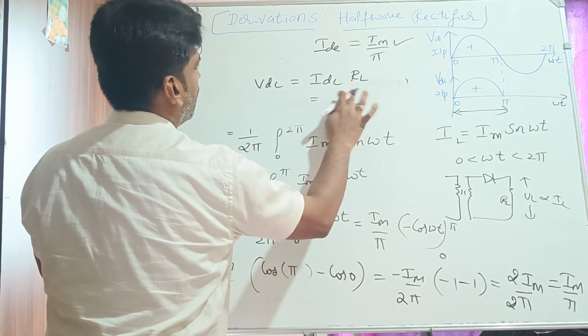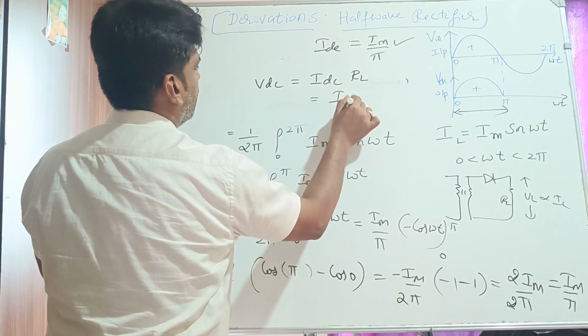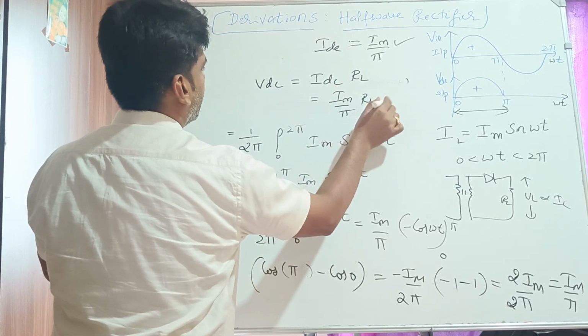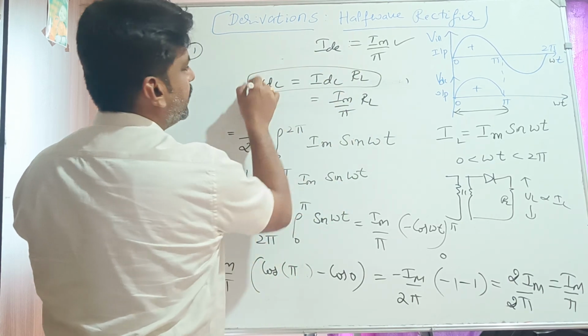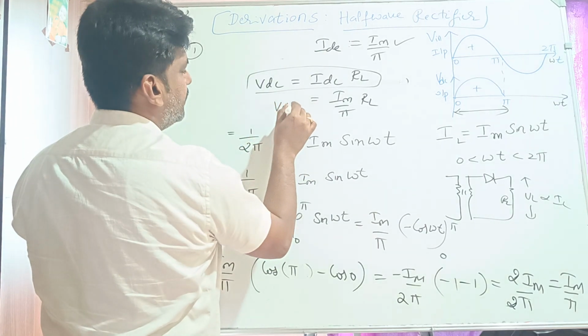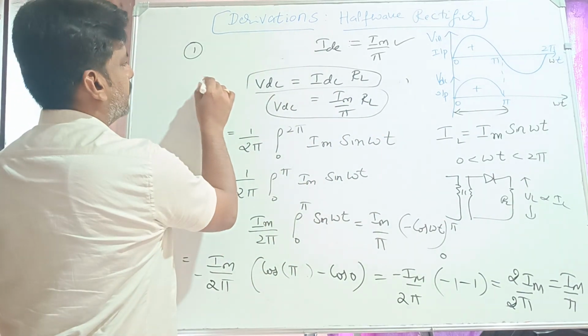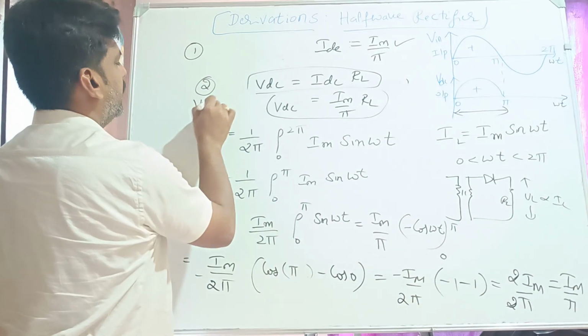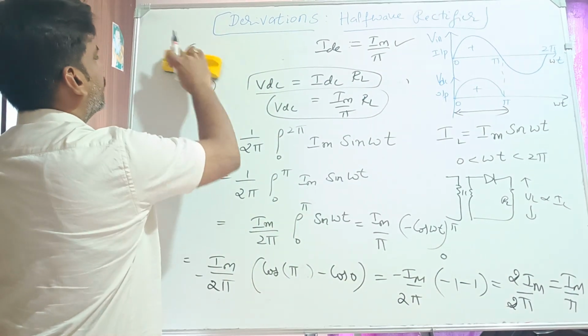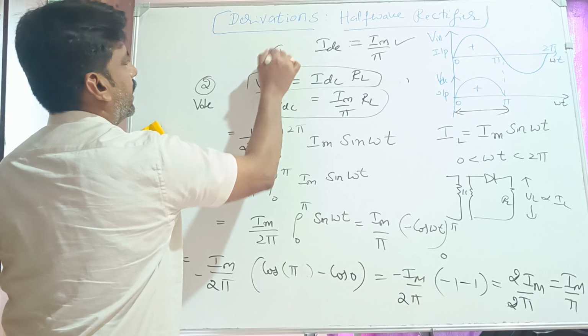What is the value of IDC? Im by pi, multiplied by RL, because we have used Ohm's law here, V equals R into I. So VDC value is like this, right? This is the second derivation, that is about VDC, the DC voltage. This is the first one, IDC.